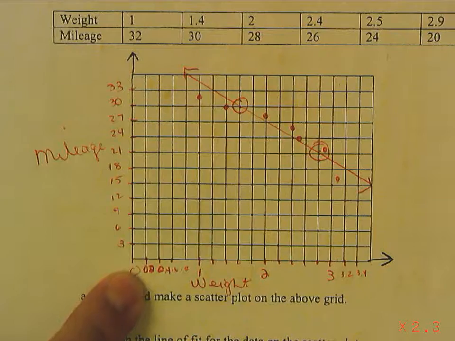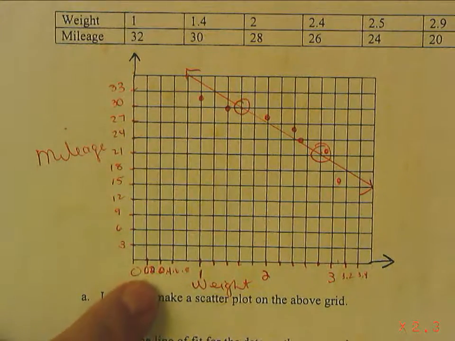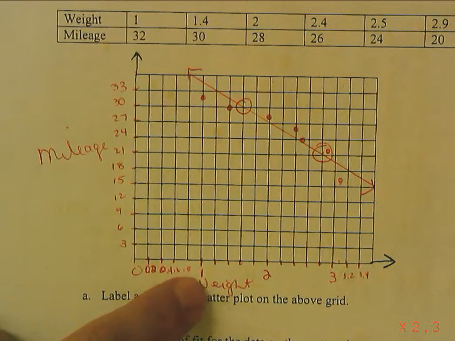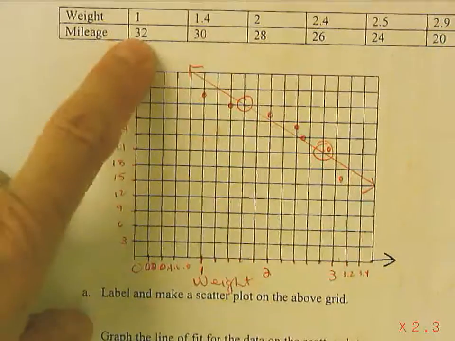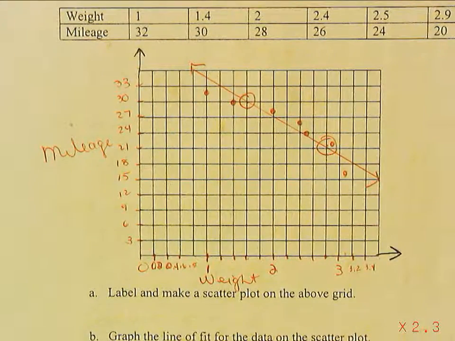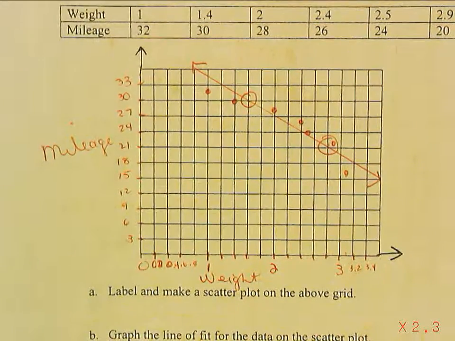Then you had to figure out increments. My increments for X, I counted by 2/10. So 2/10, 4/10, 6/10, 8/10, 1. Because the weight goes from 1 to 3.1, okay? And mileage, I counted by 3s, and it went from 3 to 33.